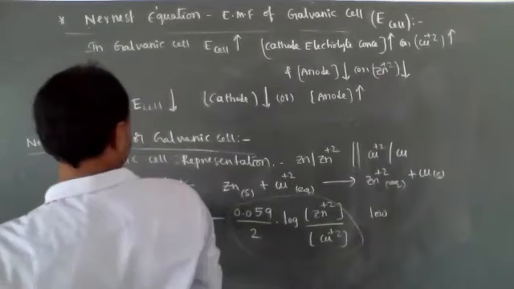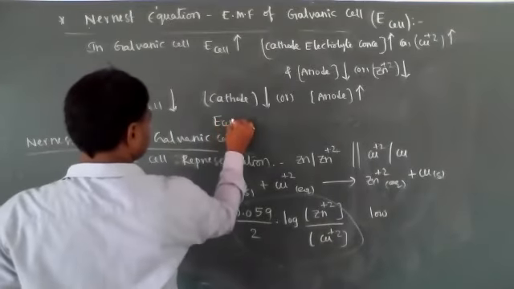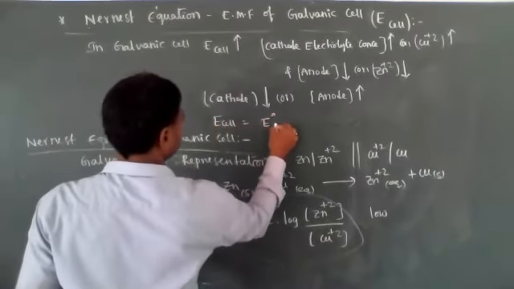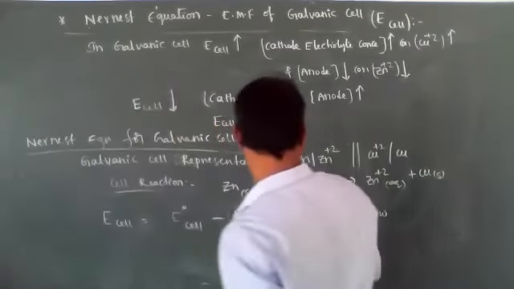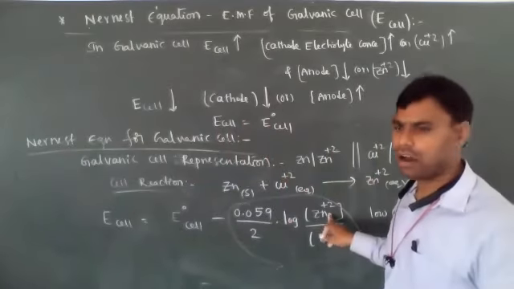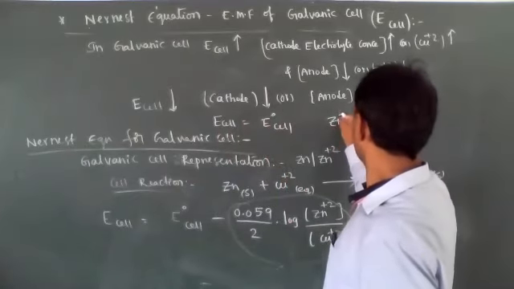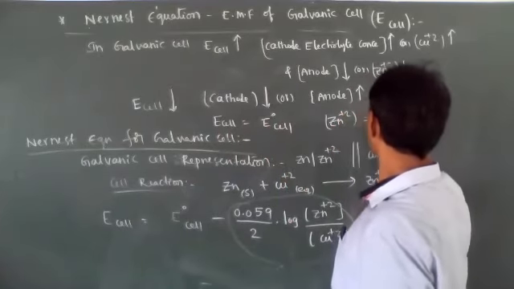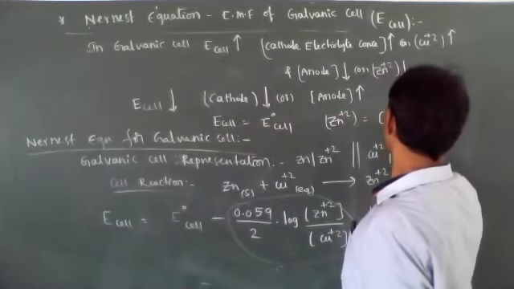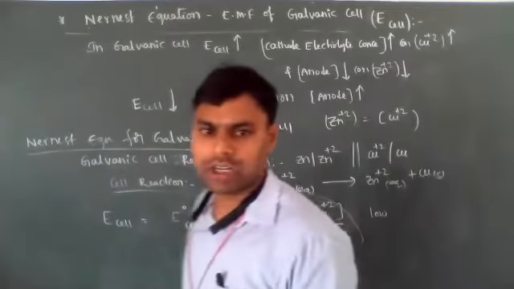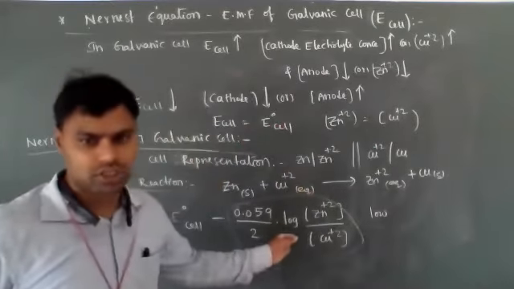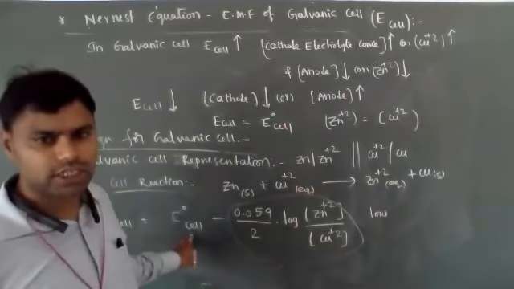When E cell is equal to E0 cell, the concentration of anode is equal to the concentration of cathode, then log 1 equals 0, so this value becomes 0. Then E cell is equal to E0 cell.